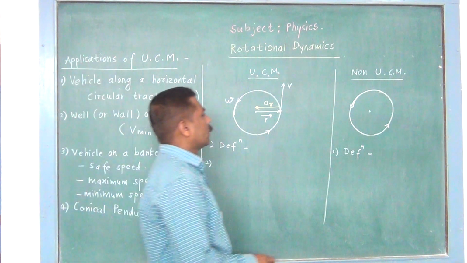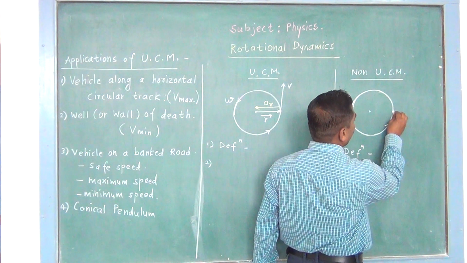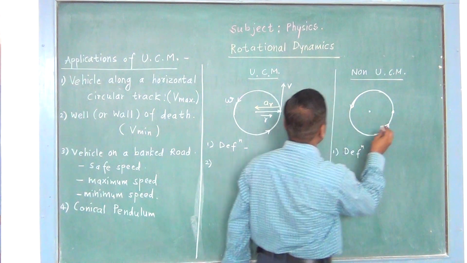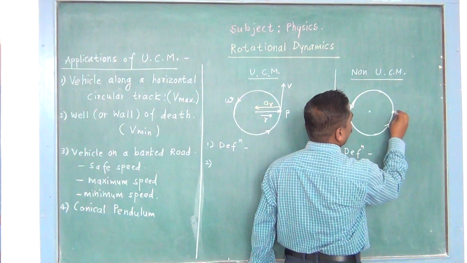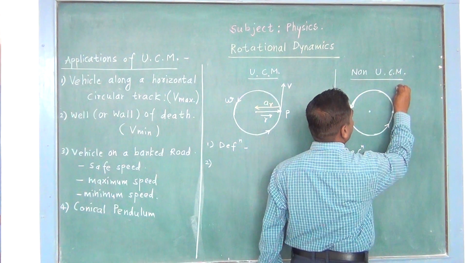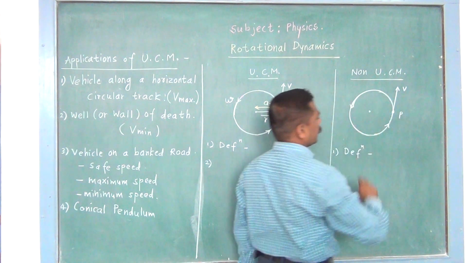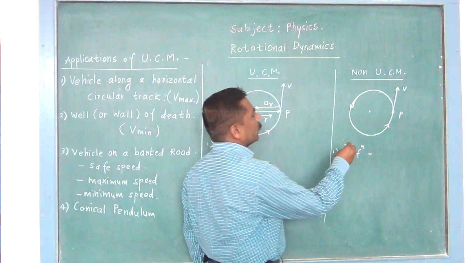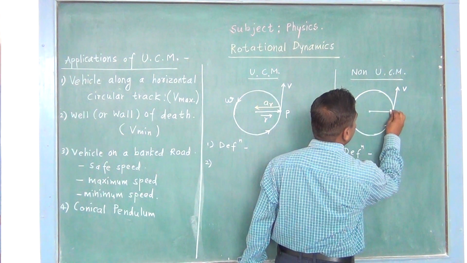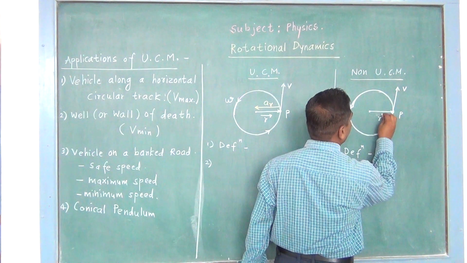Similarly, if we consider this diagram, then you will find the position of the particle P, which is denoted here. This is the direction of the tangential velocity. The particle is moving, and this is the position vector.